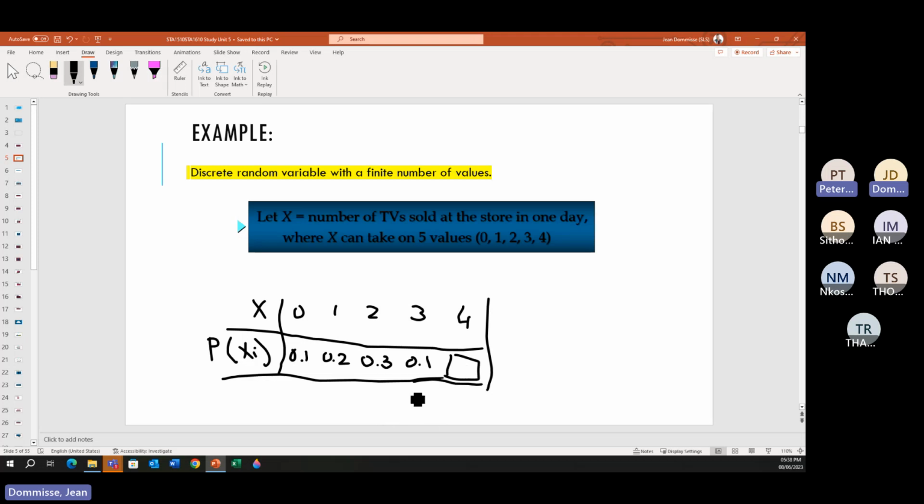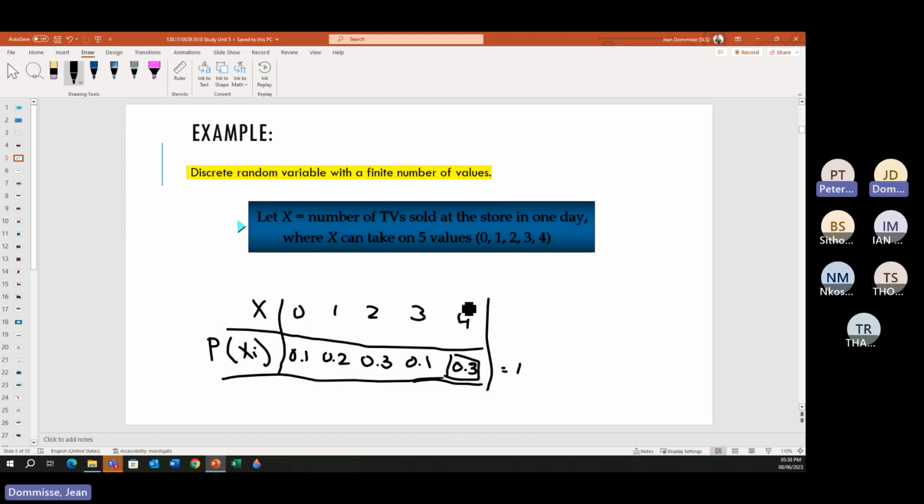But there are a few things that we need to remember. When you're working with a discrete, the total probability always needs to add to 1. So if I didn't give you the probability of x being equal to 4, you could have worked it out by adding the rest and subtracting it from 1. So that would have been 0.36, 0.7. Subtract it from 1 would have given you 0.3 as well.